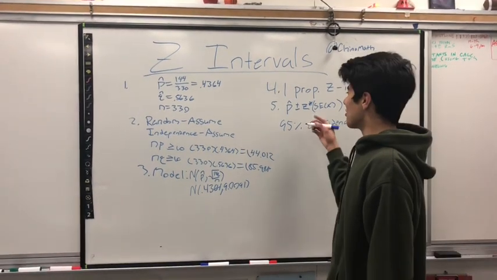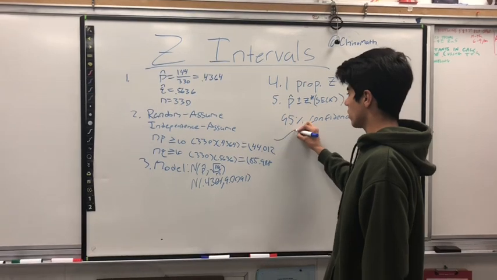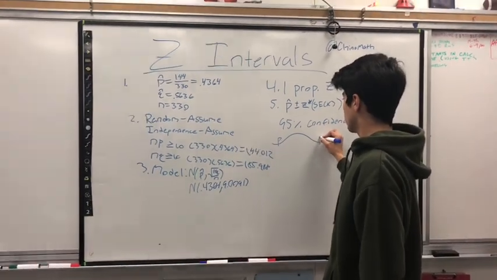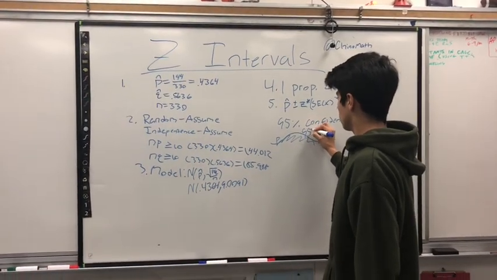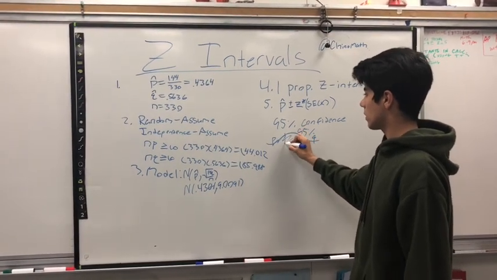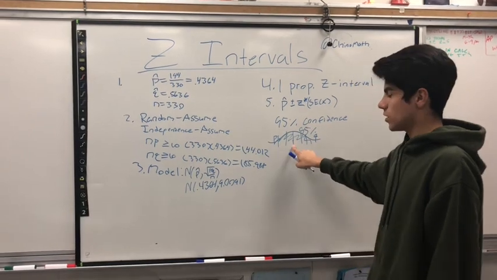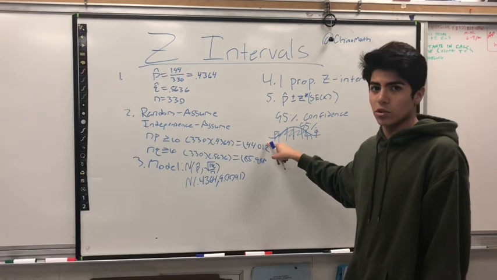So what our critical value is, basically, is our z-score that we need to contain 95% of this normal curve within. Let's say this would be a z-score of 0, and then 1, 2, 3 out here, -1, -2, -3.